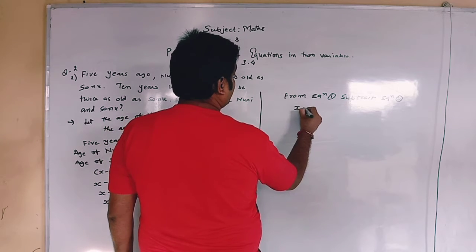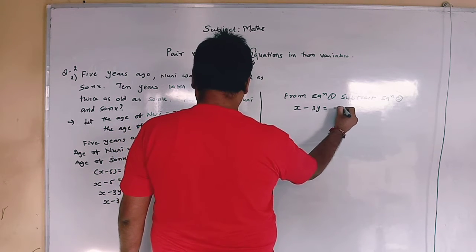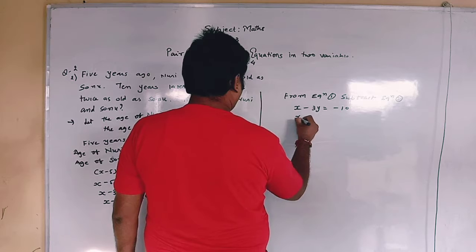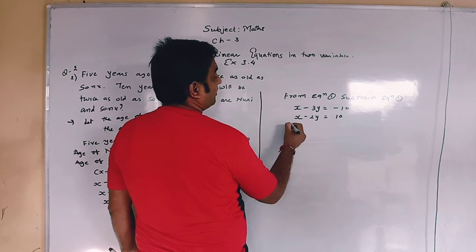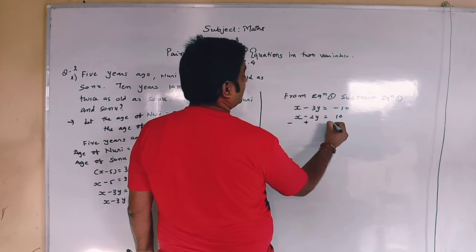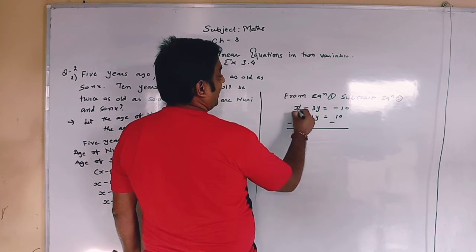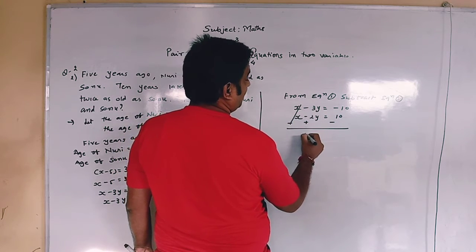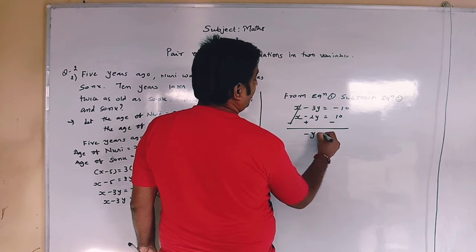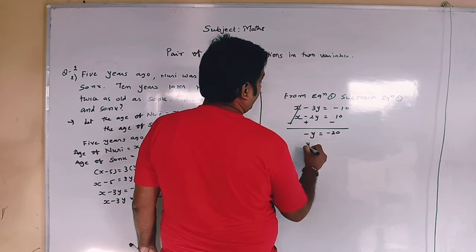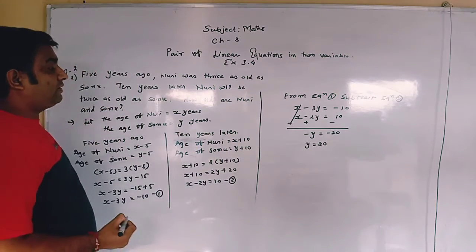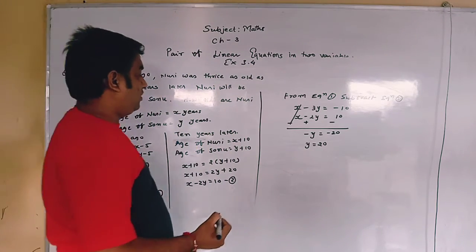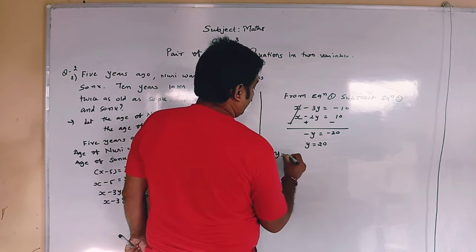Then x minus 3y equals minus 10 and x minus 2y equals 10. So when we subtract, the signs change to minus, plus. So x cancels, here minus 3 plus 2 is minus y, equals minus 20. So y equals 20. So the age of Sonu will be 20 years.